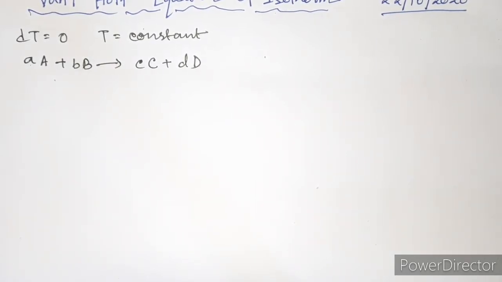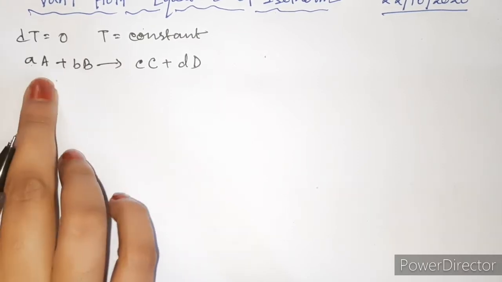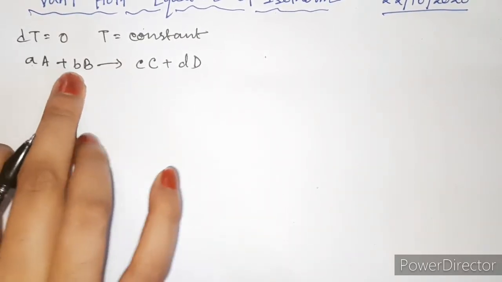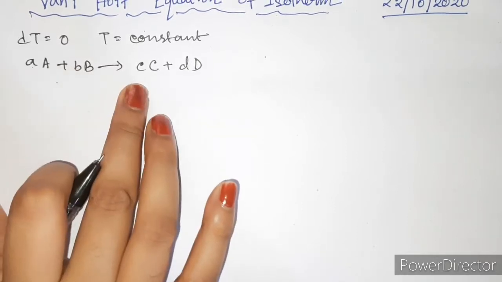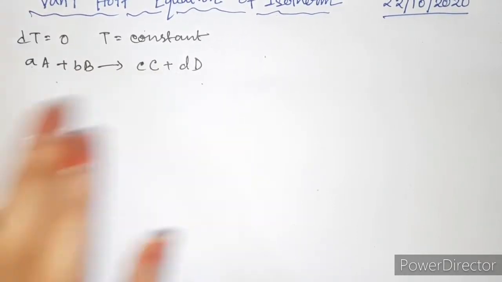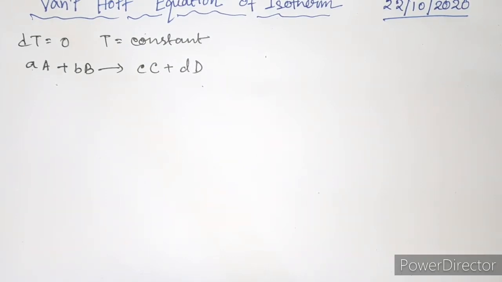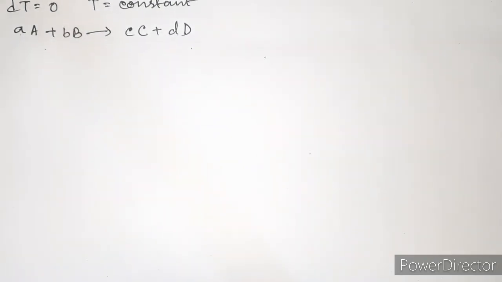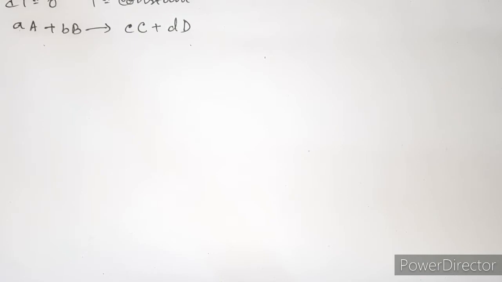The stoichiometric coefficients of the reactants A and B are small a and small b, and the stoichiometric coefficients of the products are small c and small d.